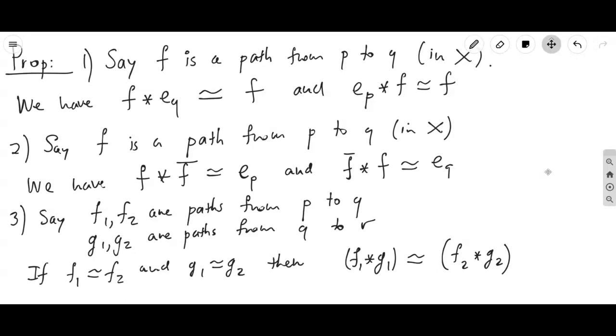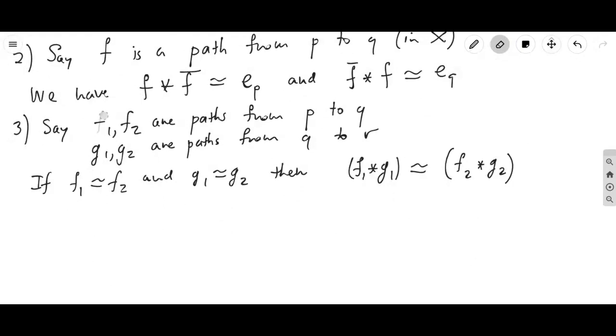The idea here is that if F1 and F2 are different paths, but they are the same in the homotopy sense, and G1 and G2 are paths from Q to R, they could be different, and they're the same in the homotopy sense, then if you were to do juxtaposition, these will be different paths, but they will still be the same in the homotopy sense.